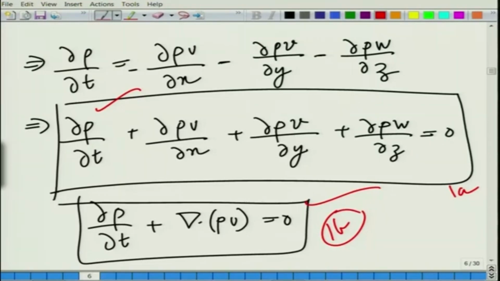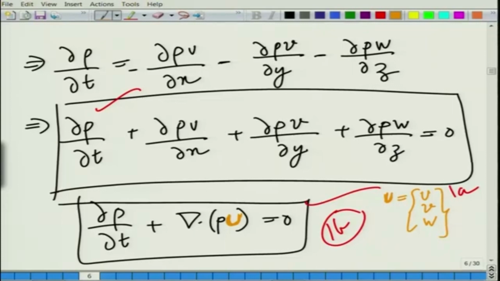So, del del t of rho plus the divergence of rho u, del del t of rho plus the divergence of the product rho u. Let me write u in bold, where u is nothing but u, v, w.